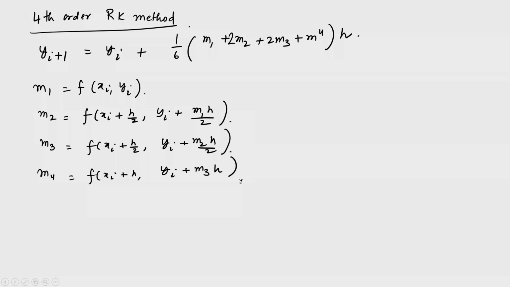Okay. So, this is the fourth order RK method, and the last two we have presented without any proof, but let us do an example for the fourth order RK method. So, the two examples that we are going to do, one for the second order and one for the fourth order.